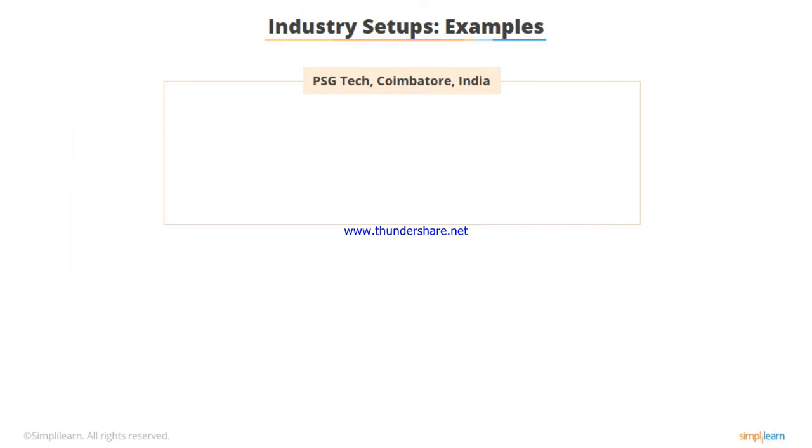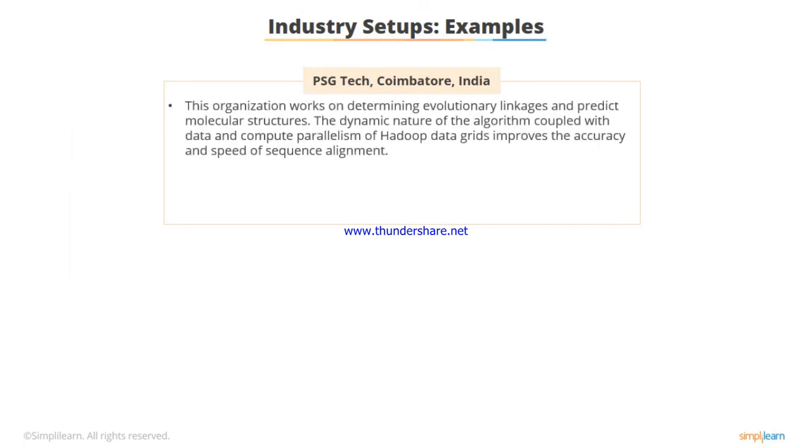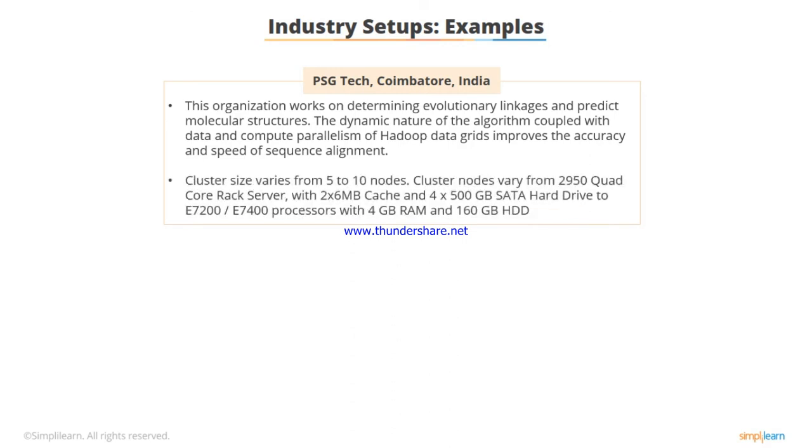PSG Tech, Coimbatore, India. This organization works on determining evolutionary linkages and predicting molecular structures. The dynamic nature of the algorithm, coupled with the data and compute parallelism of Hadoop data grids, improves the accuracy and speed of the sequence alignment. The cluster size varies from 5 to 10 nodes.